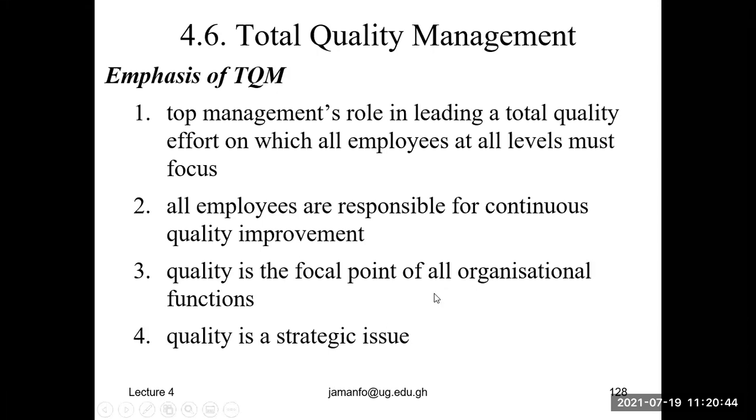So quality should be the focal point of all organizational functions. And quality must also be seen as a strategic issue, not an operational issue. So you focus on the long term. When we say something is strategic, something that you are taking a decision on today that can affect its occurrence in the future. A strategic issue is something that affects the very existence of the firm. Okay?